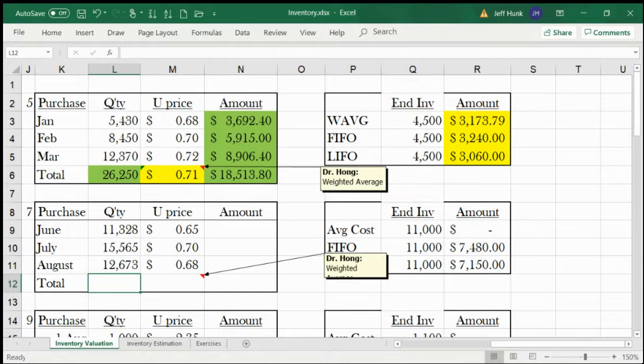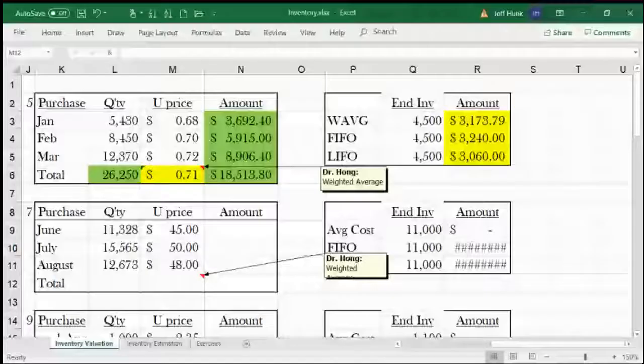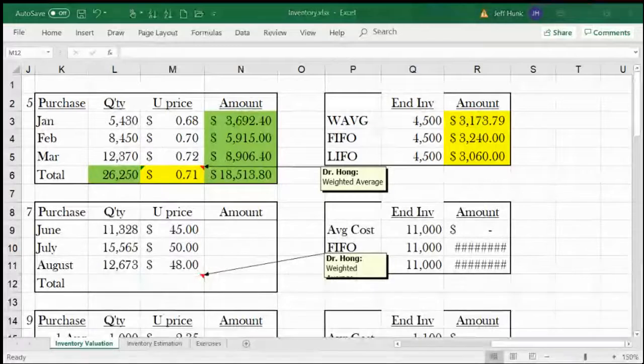To make it coincide with our slide example, and the price in this example is 45, 50, 48. So this is not a tennis ball anymore. It must be like golf shoes, I don't know. Tennis shoes or basketball shoes, golf shoes, whatever.